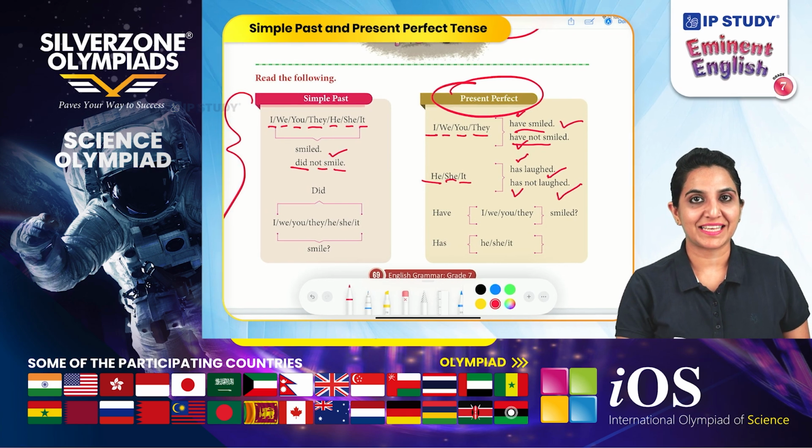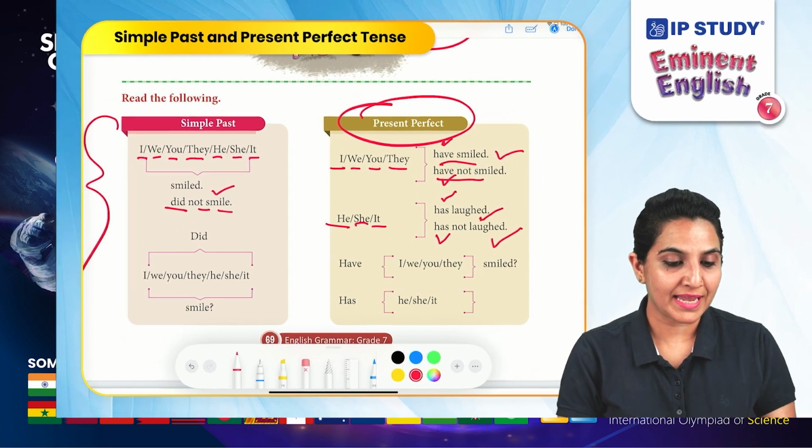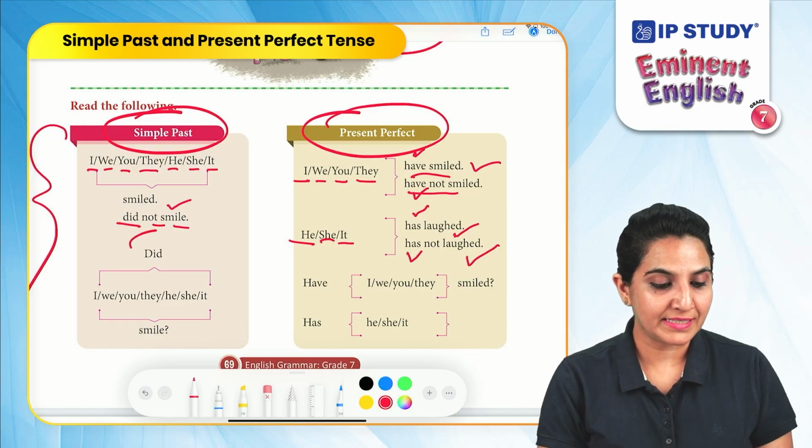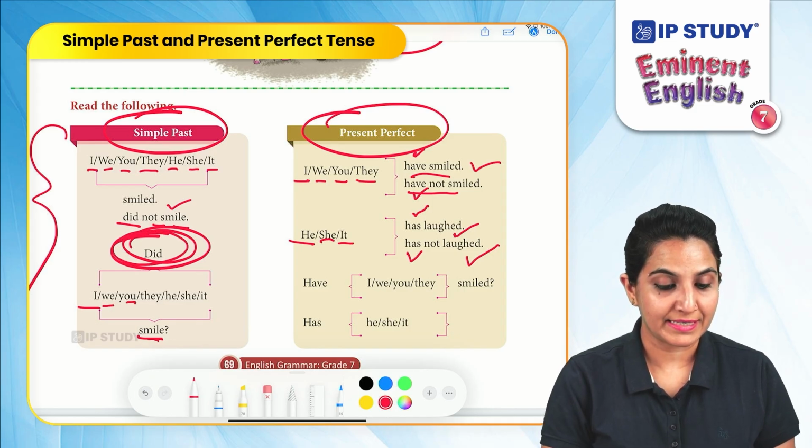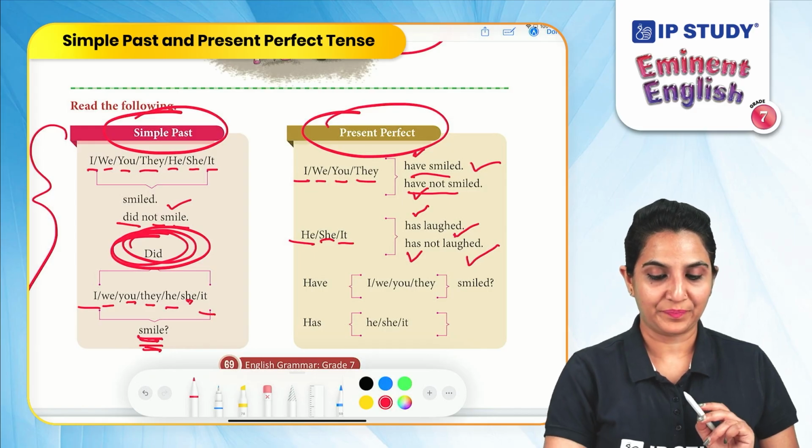Let's study some examples like in simple past, did I smile? Did we smile? Did you smile? Did they smile? Did he smile? Did she smile? Or did it smile?